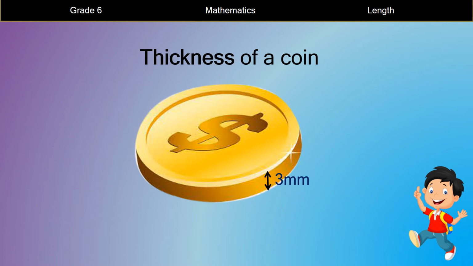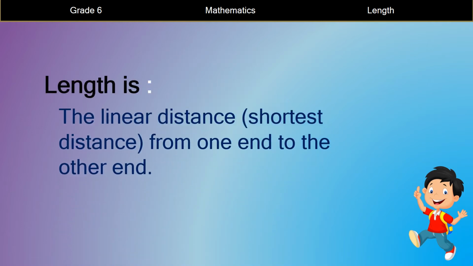Thickness. Accordingly, length is the linear distance, or we say the shortest distance from one end to the other end. Length is the linear distance from one end to the other end.